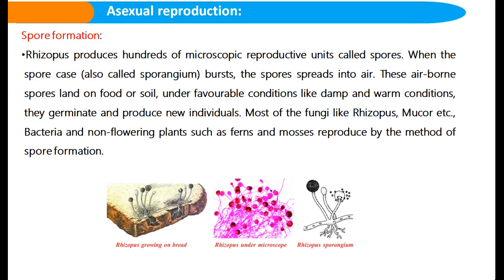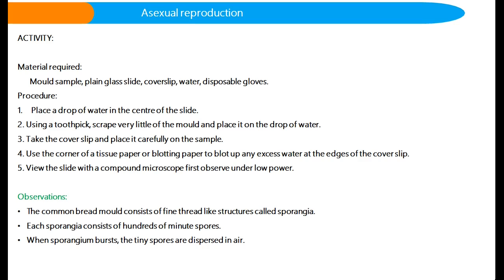And we can prepare a slide with these samples and observe under a microscope. The materials required for this are the mold sample, plain glass slide, cover slip, water and disposable gloves.